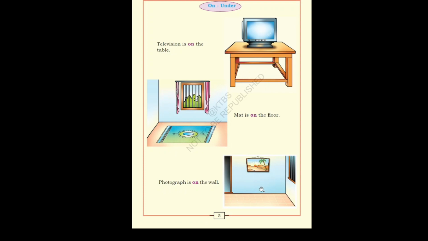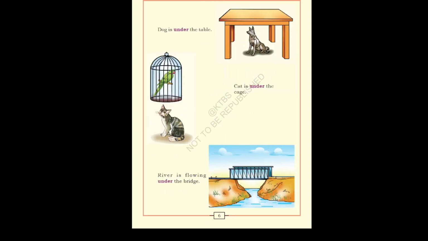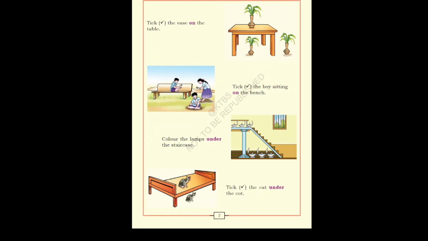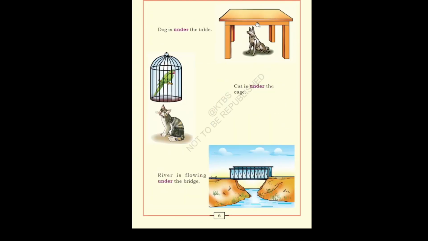Both we can see, no? Which the two objects we can see, we just take on in the sentence. Here also we can see table and dog, cage and cat, and bridge and river, isn't it? So the word under will be there.